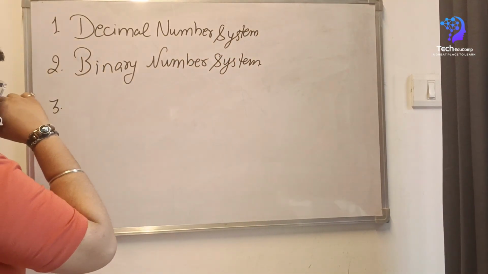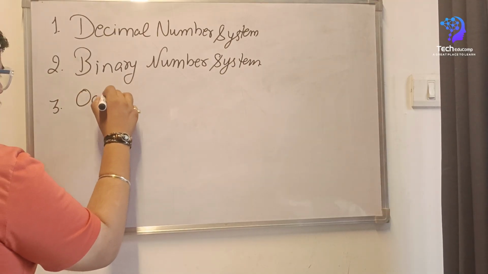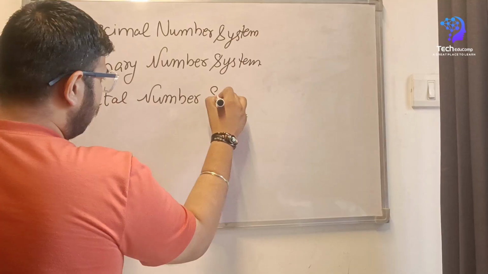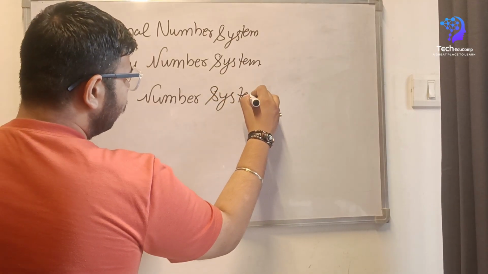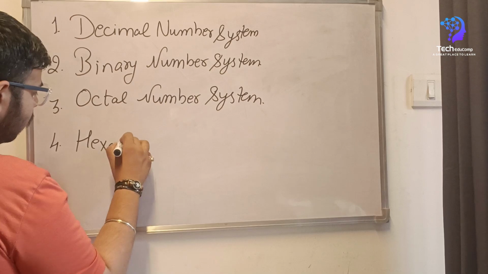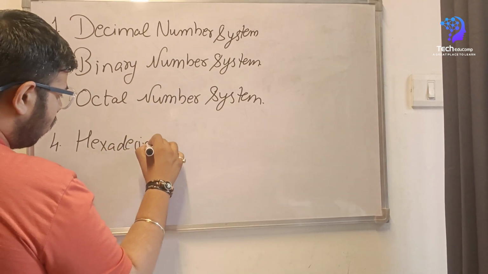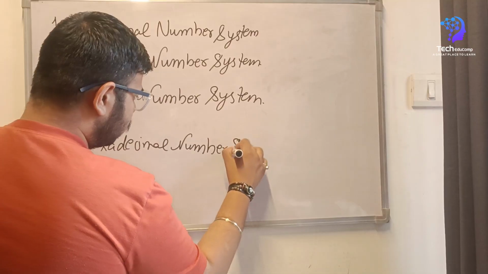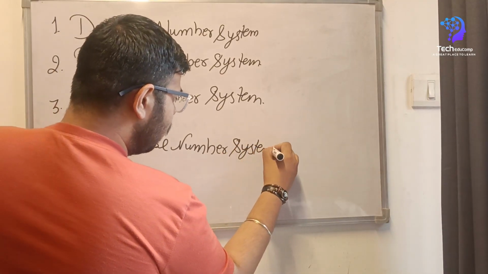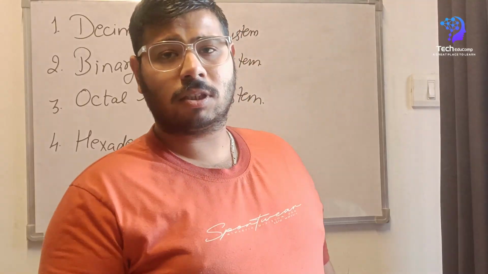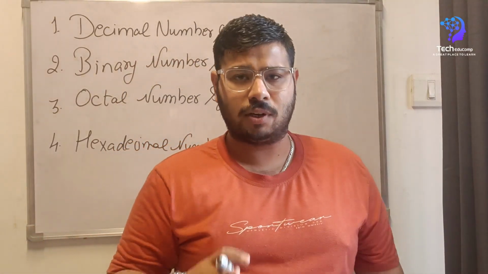Third, we have the octal number system. And fourth, we have the hexadecimal number system. These are the four main types of number systems which we are going to study in today's video.